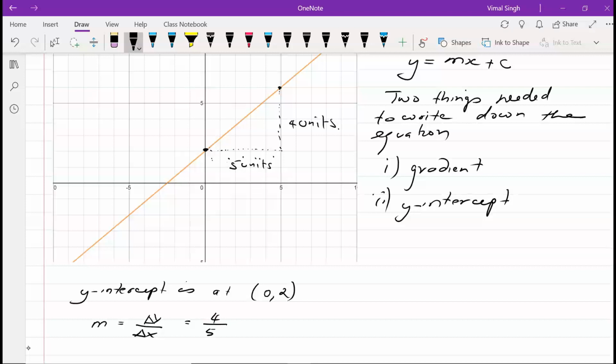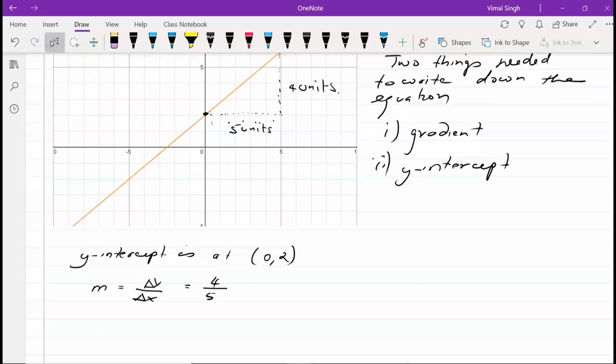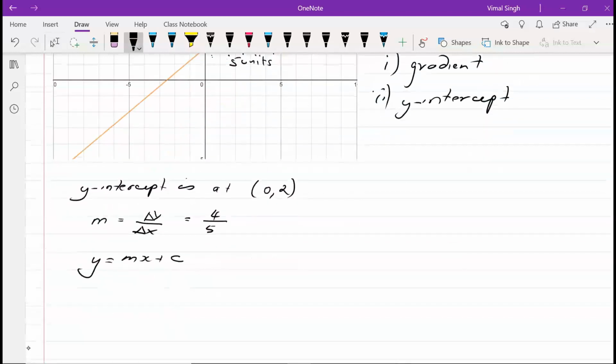So the gradient for this particular line is 4/5, and now we can write the equation in the form y is equal to mx plus c. So we will replace m by 4/5 because the gradient is 4/5, and the intercept is just 2. The intercept comes from the y value, because that is the y cut. So the equation for that particular line is y is equal to 4/5 x plus 2.